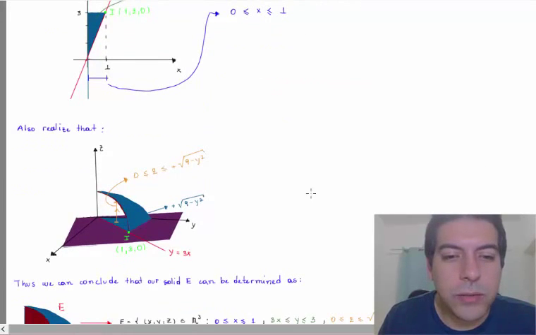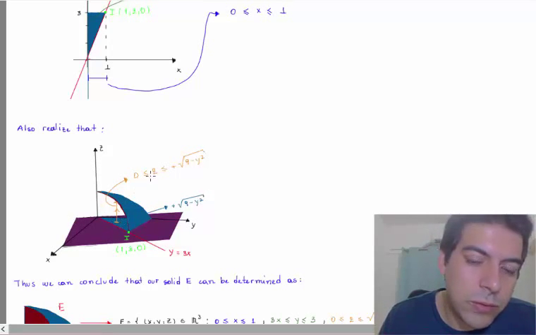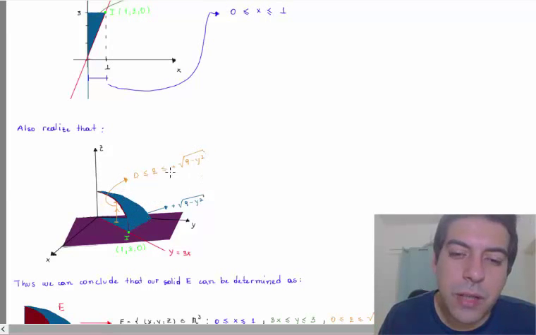If we look once more at the 3D figure of the solid E, we can conclude that z varies from z equals 0 to the upper side of the cylinder, which has the equation plus square root of 9 minus y squared.